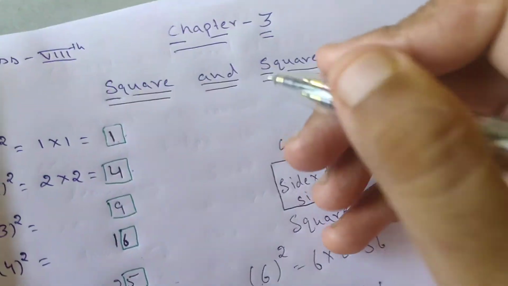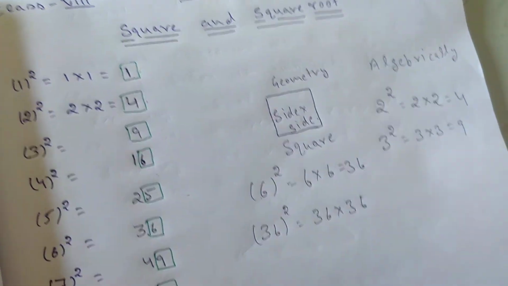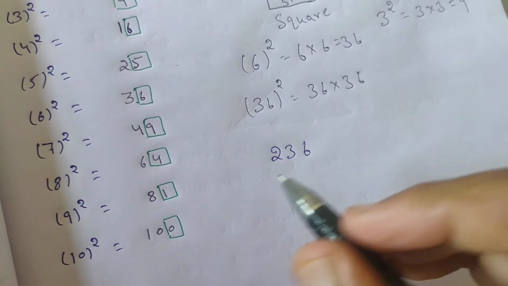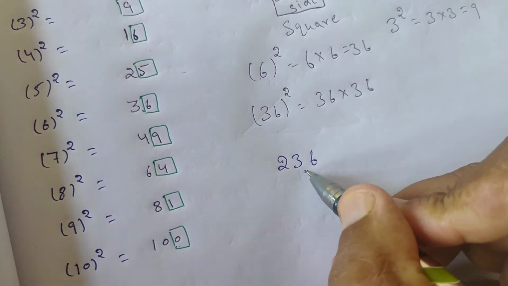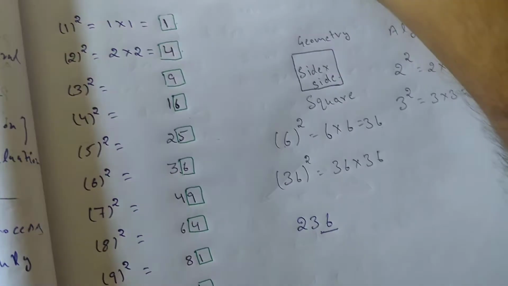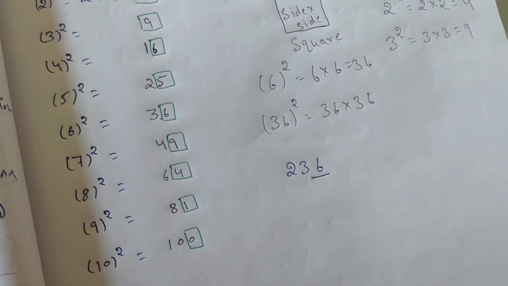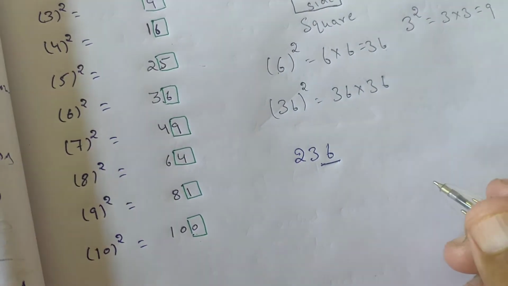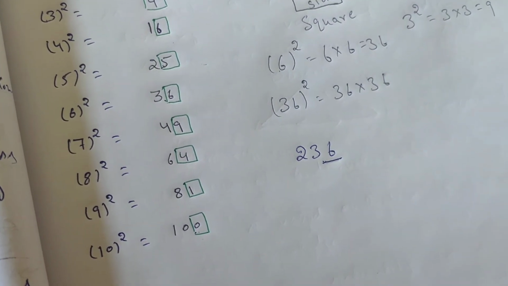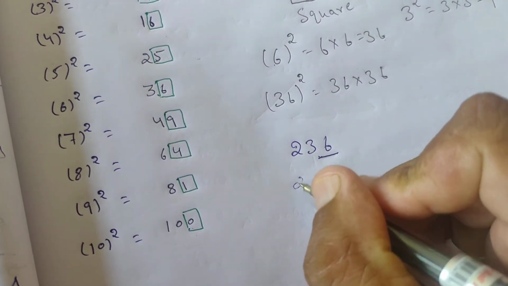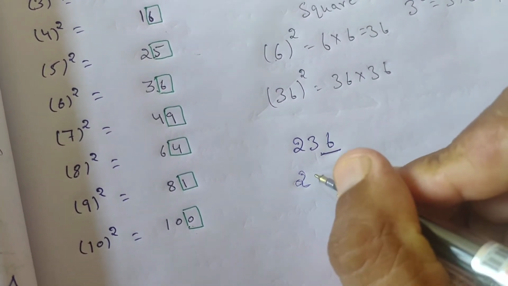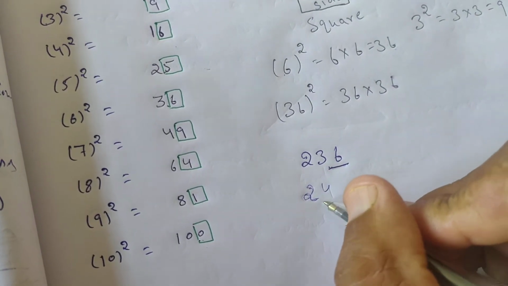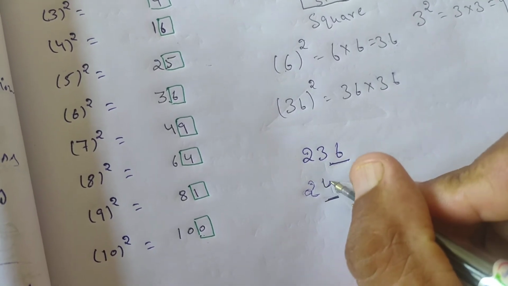If we write a number, suppose 236, what is its unit place? You can say the unit place number is 6. If we write a number like 24024, what is its unit place number? You can say, sir, this is 4. 4 is the unit place number.